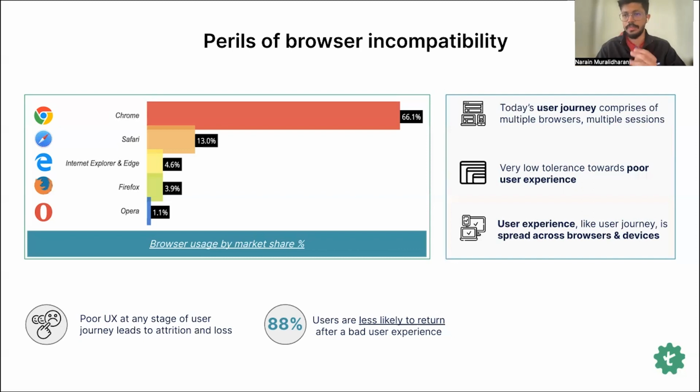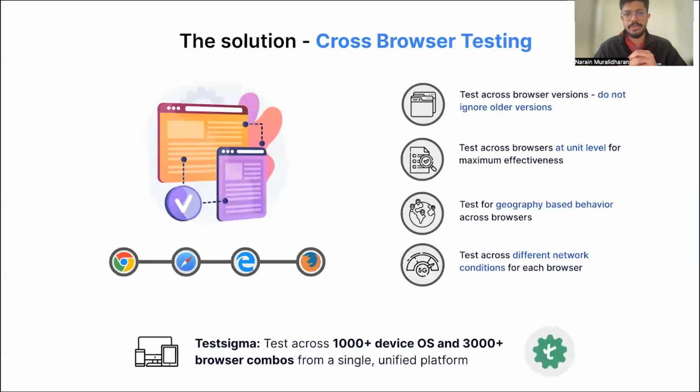So it's very important that as QA team software testers, we make sure that we are testing our applications and websites across browsers and devices. So the solution is clearly cross-browser testing, and some of the best practices here are to not ignore older versions, though a lot of modern browser and device companies force you to upgrade.